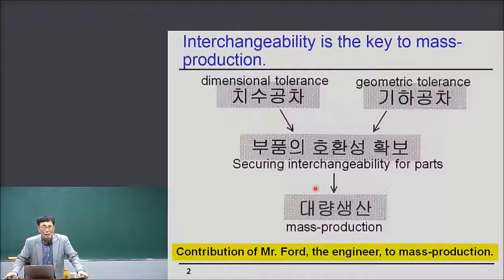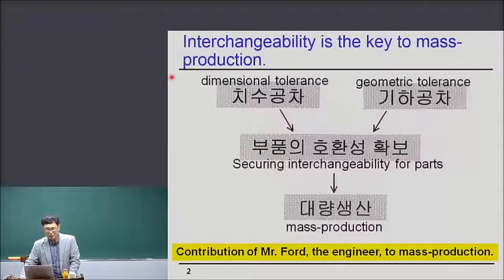Right? And then, according to the fit system you select, there are tables which show the combination of dimensional tolerance of hole and shaft, okay? Then, based on that table, you can finally assign the dimensional tolerance, right?